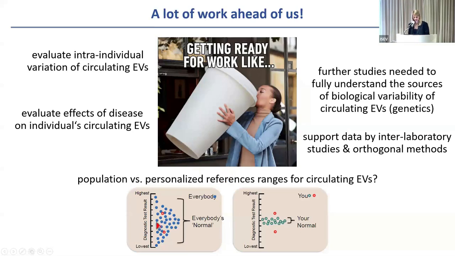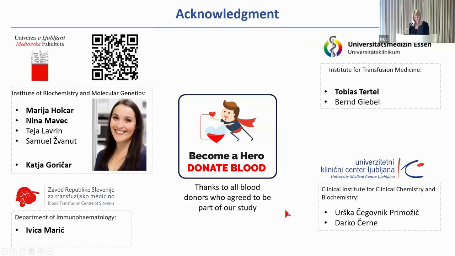Because as you've seen, if the population range is very wide, and your individual reference range is very small, even though there is a disease present and a difference that is actually showing that there is a pathology going on, if we use population reference ranges, this is then hidden in the whole interval if it's too big. So maybe for EVs, individual reference ranges will be much more appropriate, but we don't understand this at all. So this is something that we need to study further.